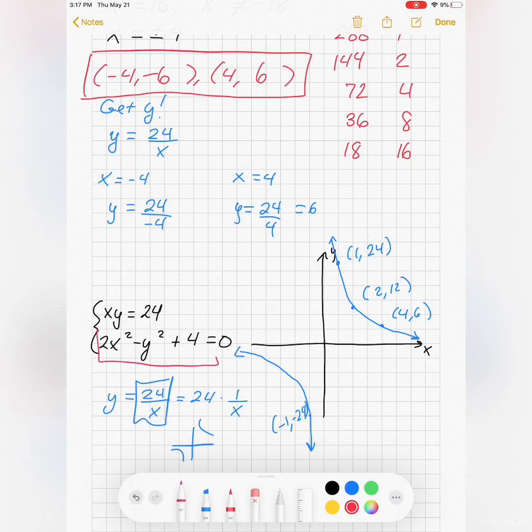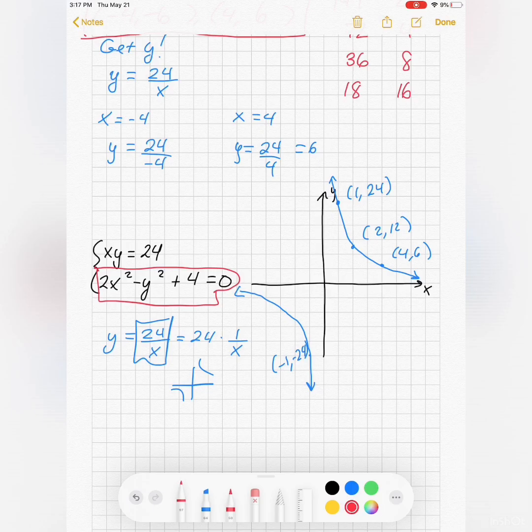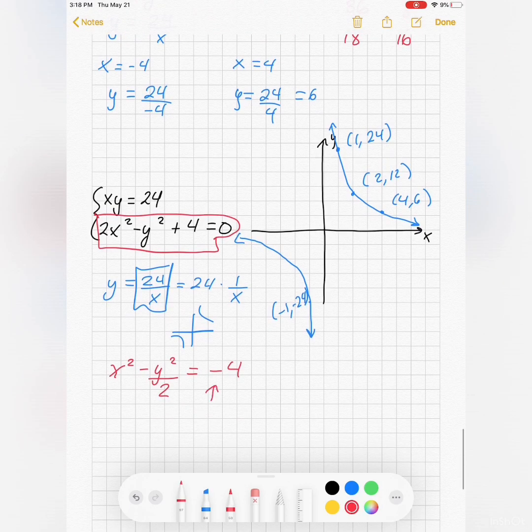What about this equation? This is a hyperbola. Let's see, if I divide by 2, now we don't like to have a negative number here, so let me multiply both sides by a negative. So actually this is the hyperbola I'm dealing with.